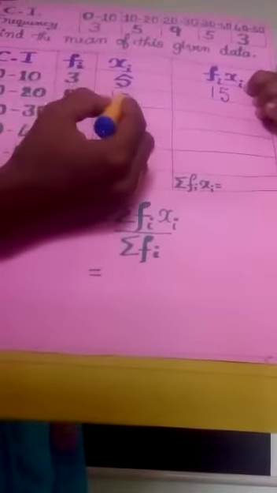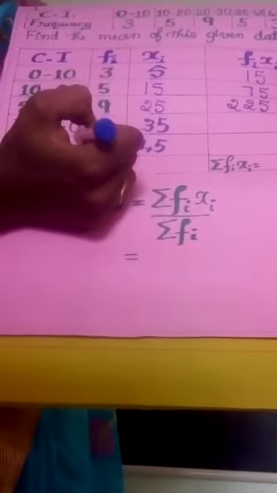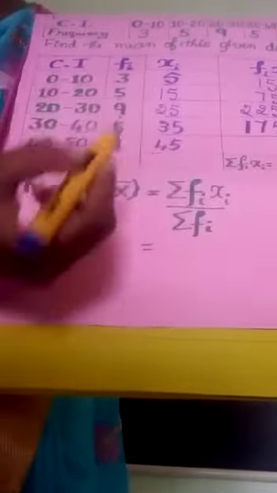Next, 5 15s are 75. 25 9s are 225. 35 5s are 175. 5 5s are 25, 2 carry. 5 3s are 15 plus 2, 17. 45 into 3. 5 3s are 15. 4 3s are 12 plus 1, 13. 135.